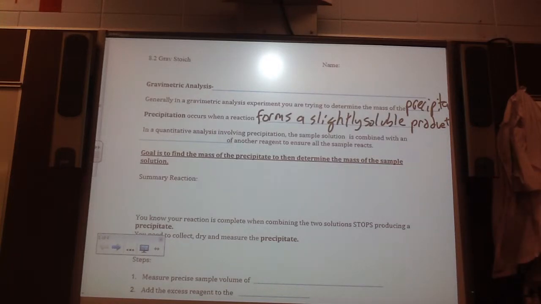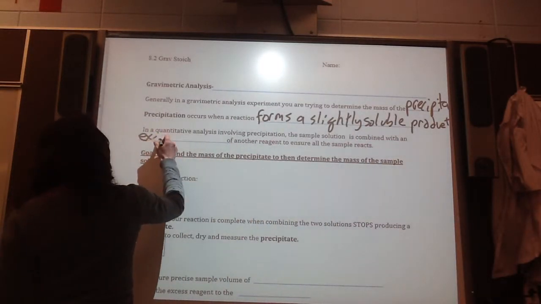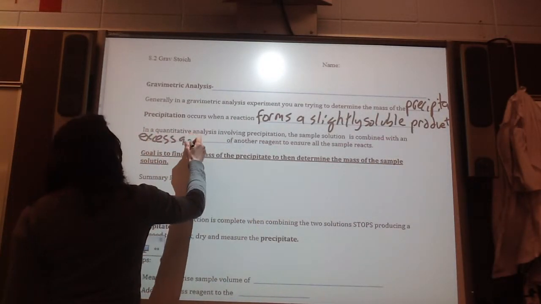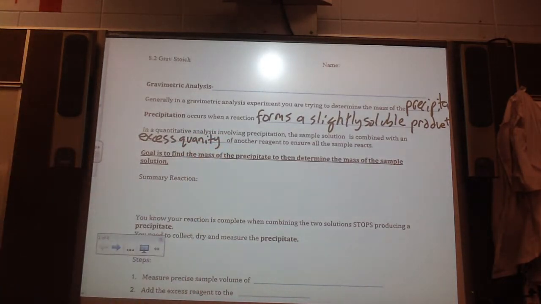In quantitative analysis involving precipitation, the sample solution is combined with an excess quantity of another reagent to ensure all the sample reacts.